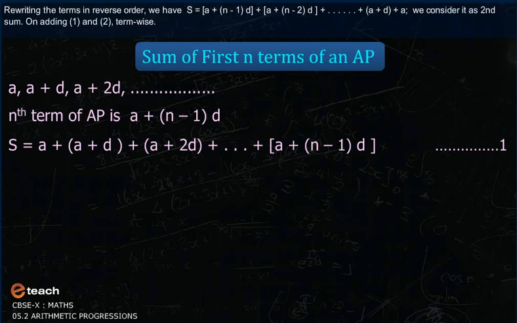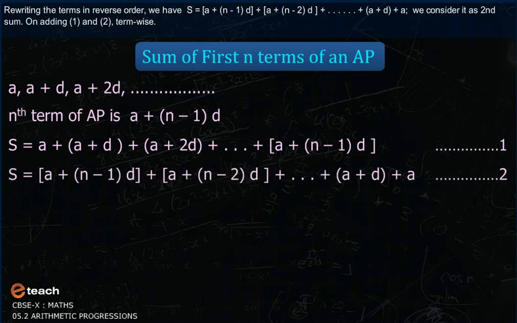Rewriting the terms in reverse order, we have s is equal to a plus n minus 1 d plus a plus n minus 2 d and so on plus into bracket a plus d plus a. We consider it as the second sum.